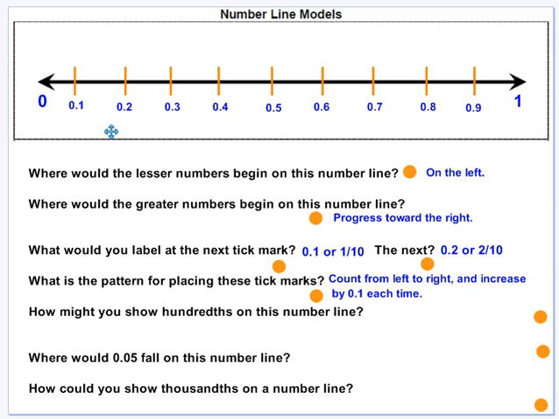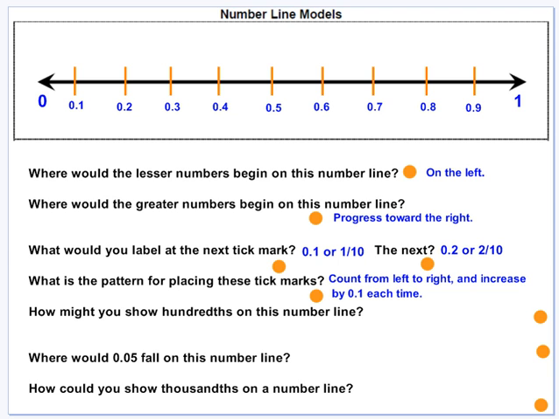If we're using hundredths, we're going to use hundredths. If we're using ones, we're going to go 1, 2, 3, 4, 5, 6, and so on. If we're using tens, it would be 0 and then 10, 20, 30, 40, 50, 60, 70, 80, 90, 100. It just depends on what we're counting by, okay?